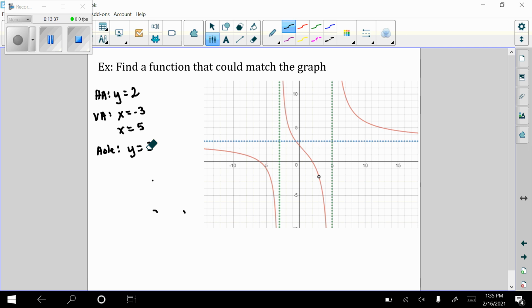I'm thinking my horizontal asymptote is sitting there at 3, not at 2. I have x-intercepts. I got a lot of stuff going on in this one. It appears to be (-6, 0) and (2, 0).